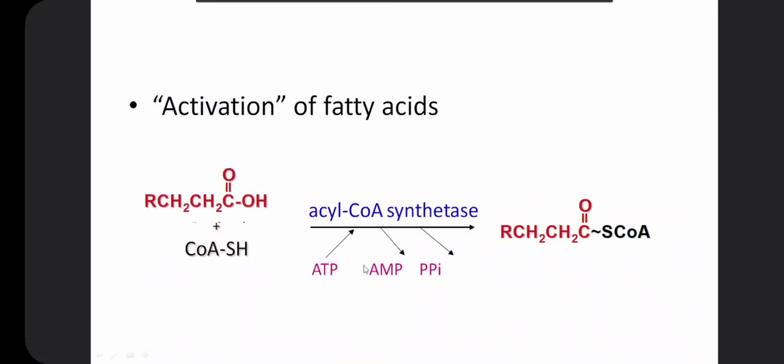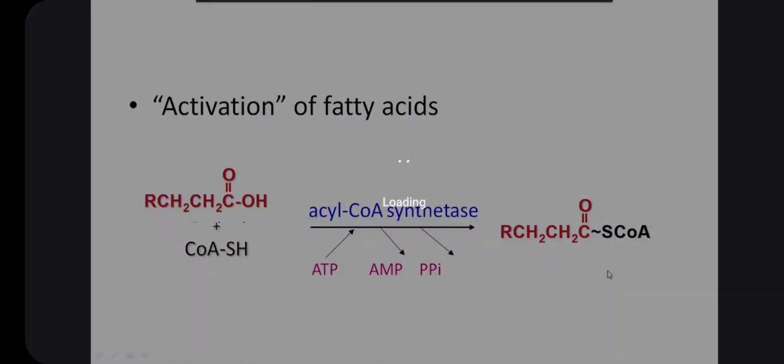This is the only step requiring energy from ATP in the complete degradation of a fatty acid. In the presence of ATP and coenzyme A, the enzyme acyl coenzyme A synthetase catalyzes the conversion of a fatty acid into an active fatty acid, which we name fatty acyl-CoA.